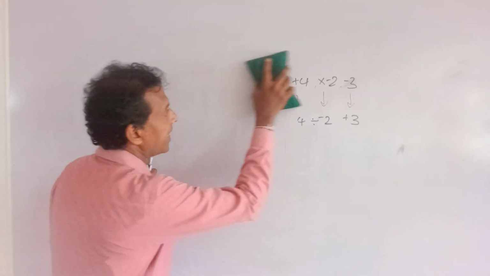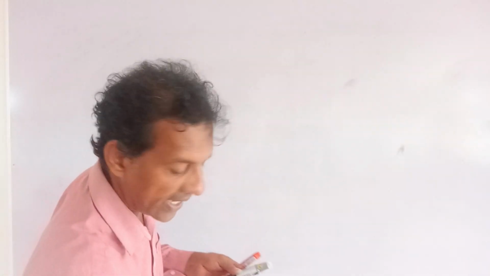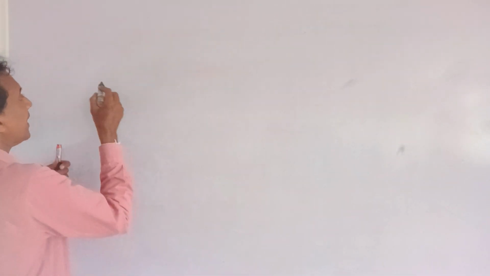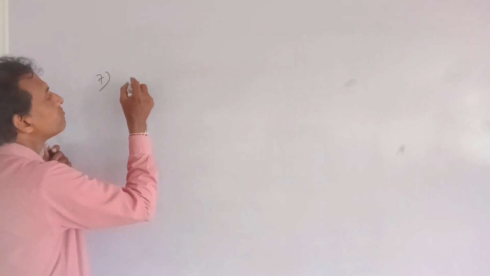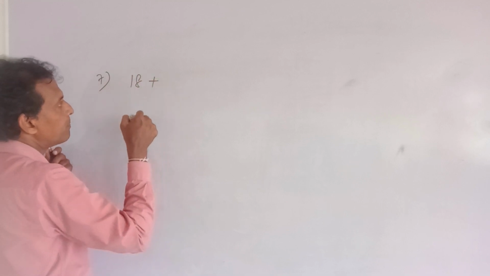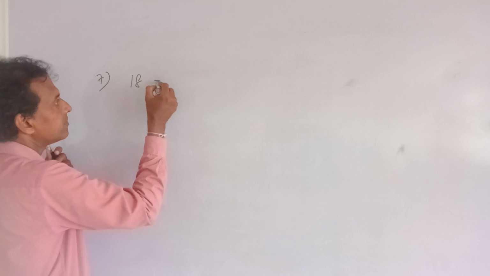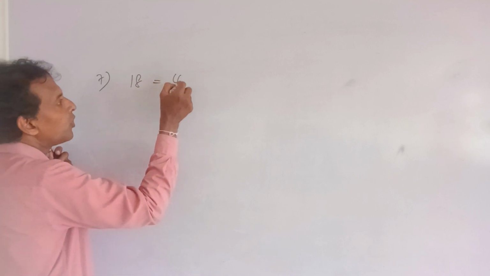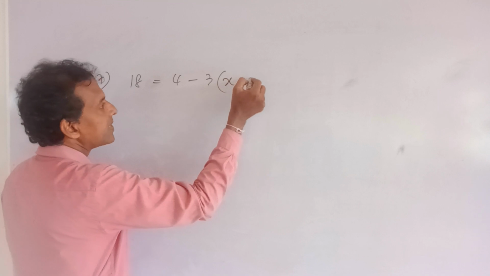But this time we will have the variable on the right hand side. Say example 7. Say we have 18 equals 4 minus 3 times x plus 6.